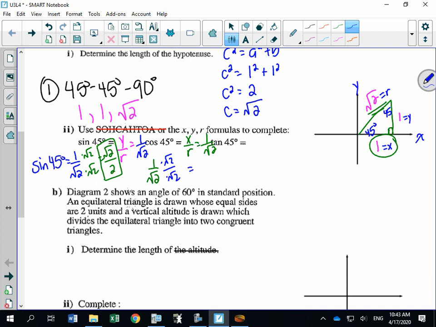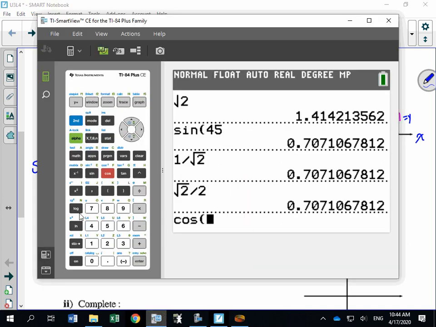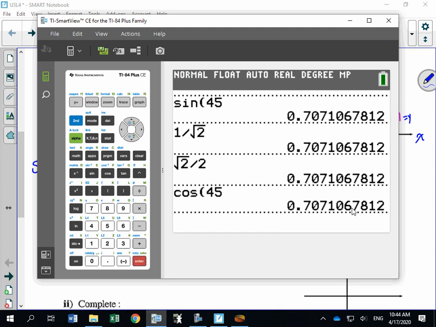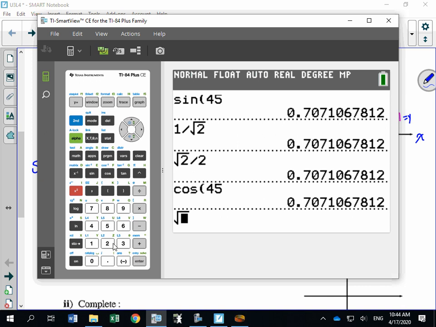And the cos of 45 degrees is equal to root 2 over 2. Again, let's check that on our calculator that we're correct. So in 10C, it was good enough just to type in the cos of 45 degrees. But now I need to know what that exact value is. And that's root 2 divided by 2.